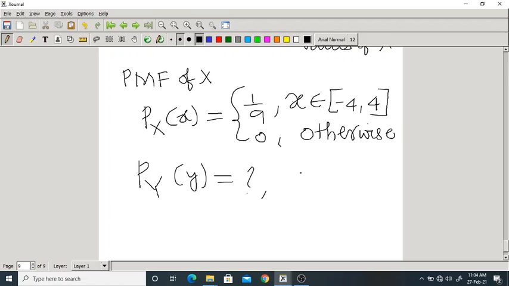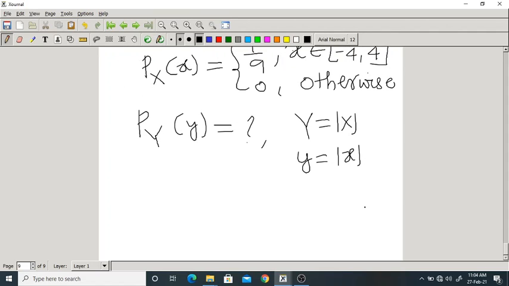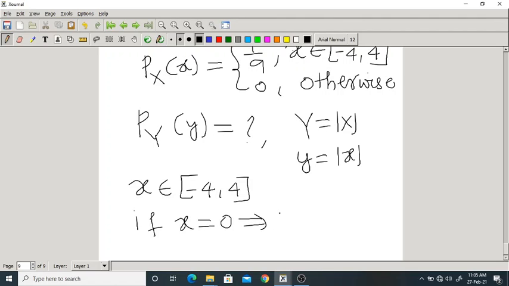But we know capital Y equal to mod of capital X, which means small y equal to mod of small x. Small x can take what values? It is defined over integer values in the range -4 to +4. Suppose small x equal to 0, this implies y is also equal to 0, because mod of 0 is 0 only.